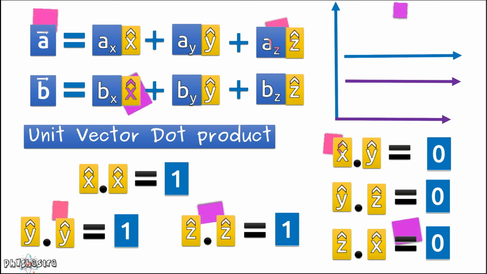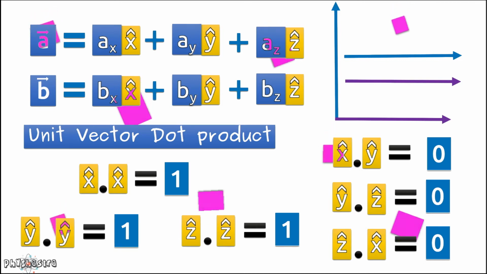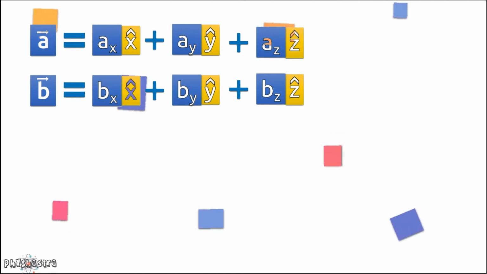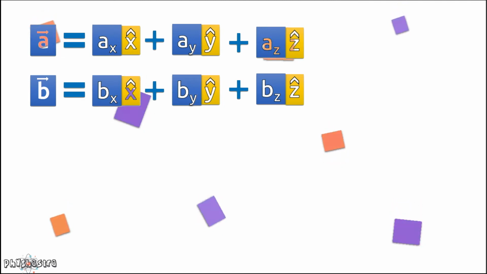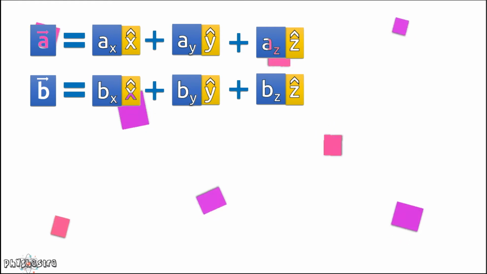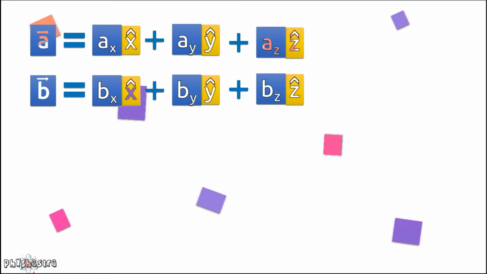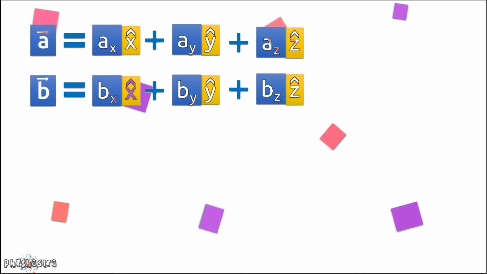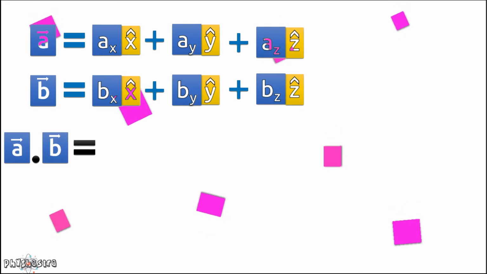Now let us see how those two vectors can be multiplied. The vector A consists of ax in the x direction plus ay in the y direction and az in the z direction, and similarly the vector B. When we find the dot product of these two, the product is only allowed for their own direction.